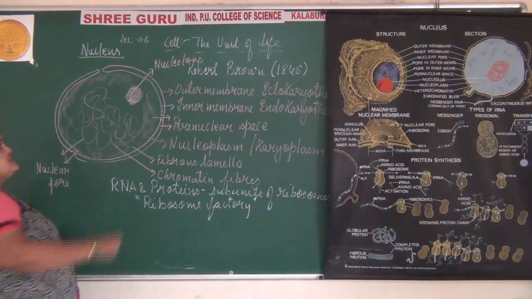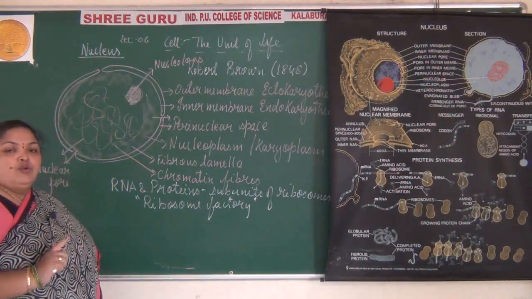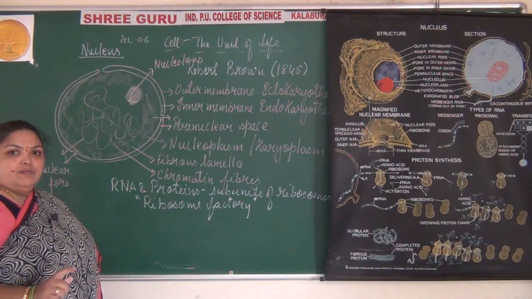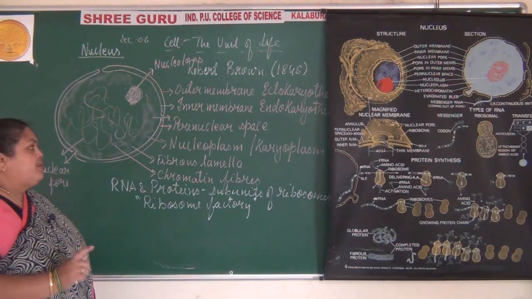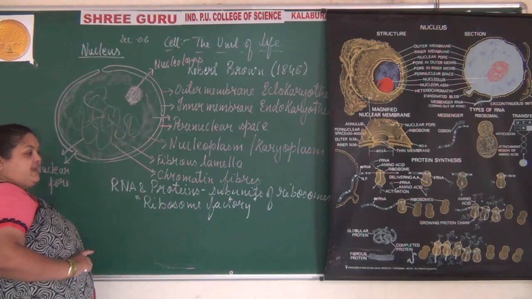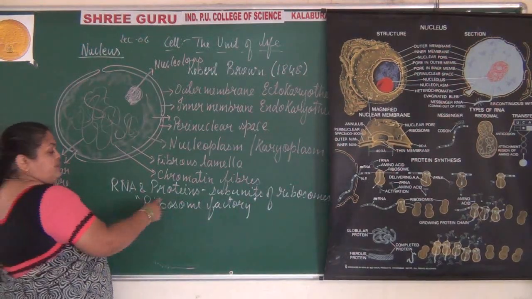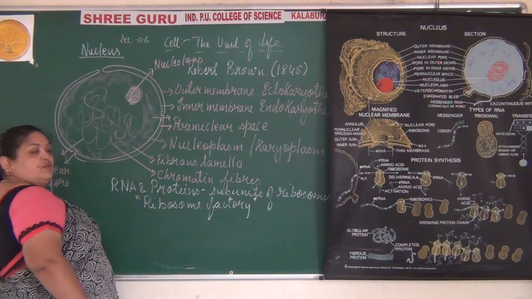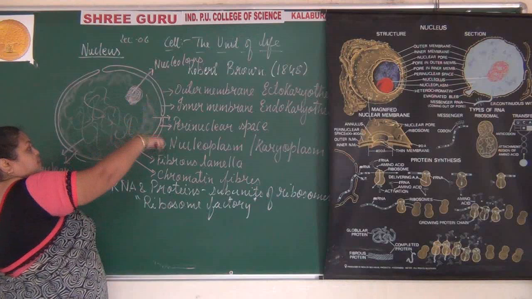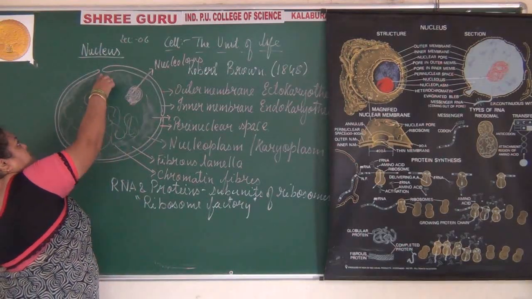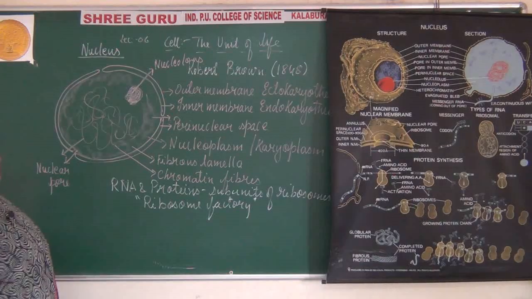So the nucleolus is dark and naked, that is, it does not have any membrane, but it is a main component of the nucleus, where it is involved in the synthesis of the ribosome subunits, RNA and the proteins. The subunits are being released, which come out of the nuclear pore in the form of ribosomes.